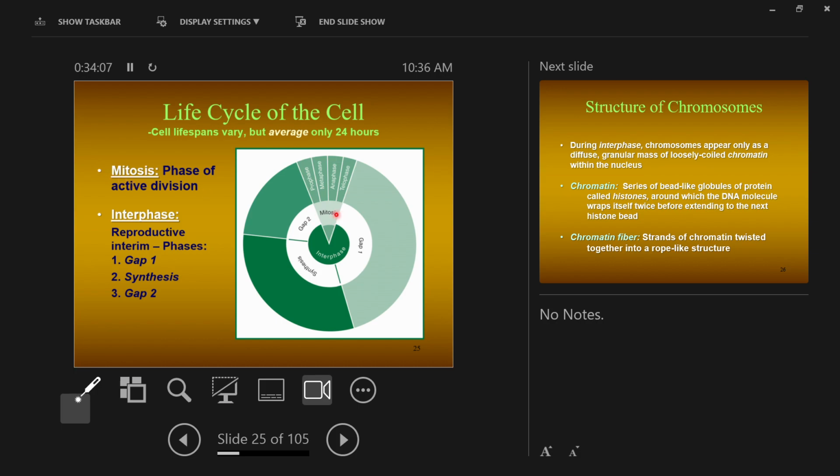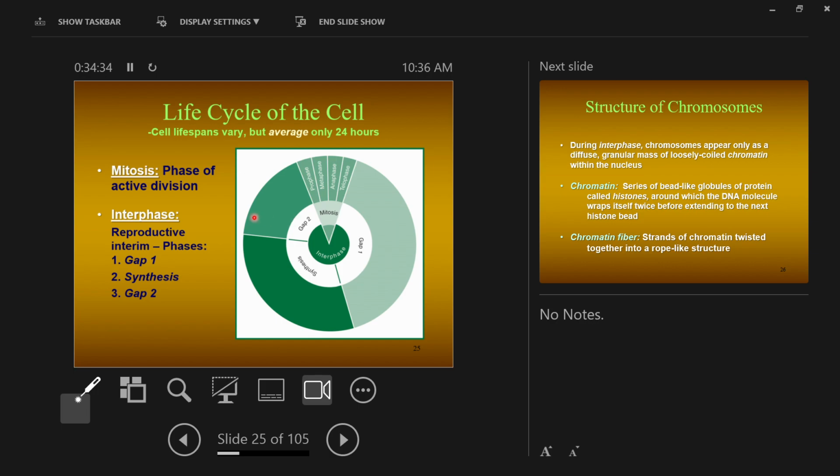Now, mitosis is split into 4 phases. But if you notice here, take a look at this little pie chart, right? Mitosis is just this piece right at the top of the pie. Okay, these 4 tiny, skinny little slices right at the top of the pie, those 4 slices make up all of mitosis. Most of the cell's life is called interphase.